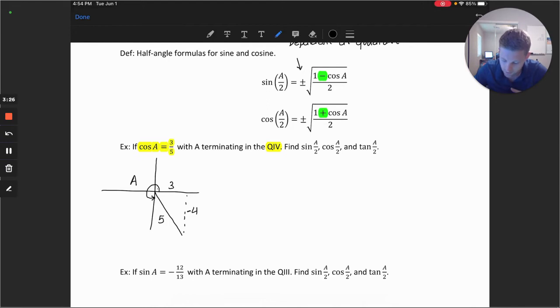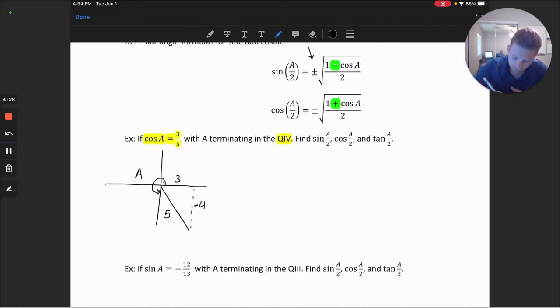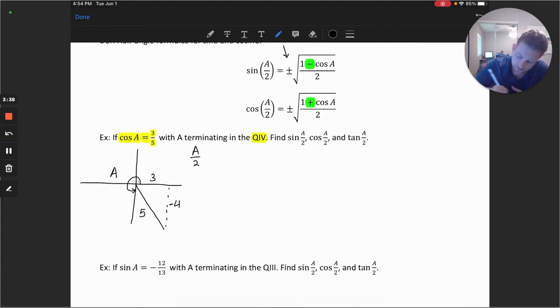So if I consider the angle A over 2, I want to consider what quadrant this angle is in. To do that, I'm going to start with the original angle. Since angle A is in the fourth quadrant, it goes from 3 pi over 2 to 2 pi.